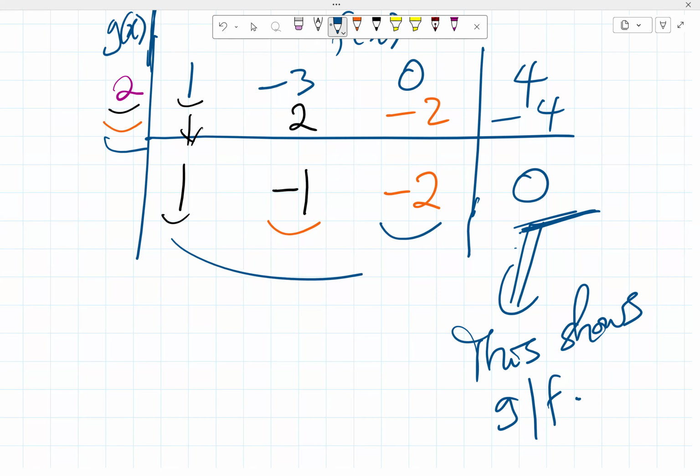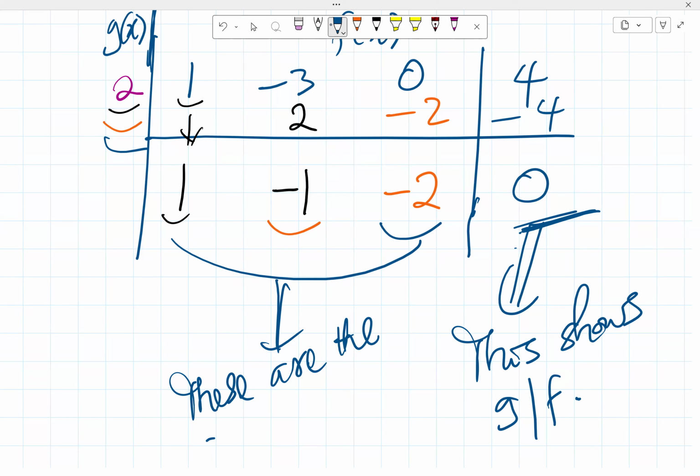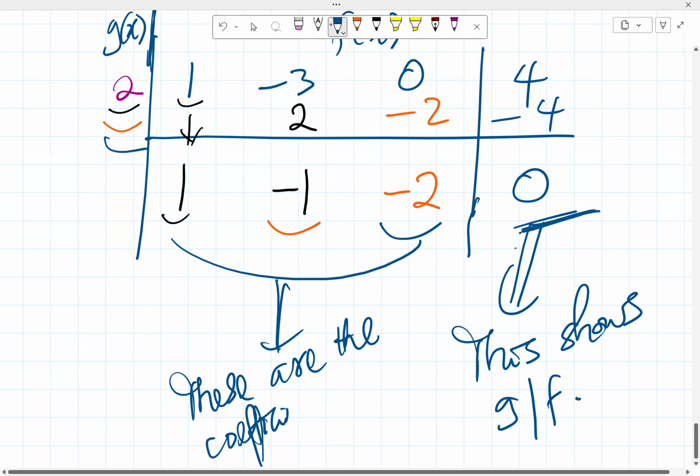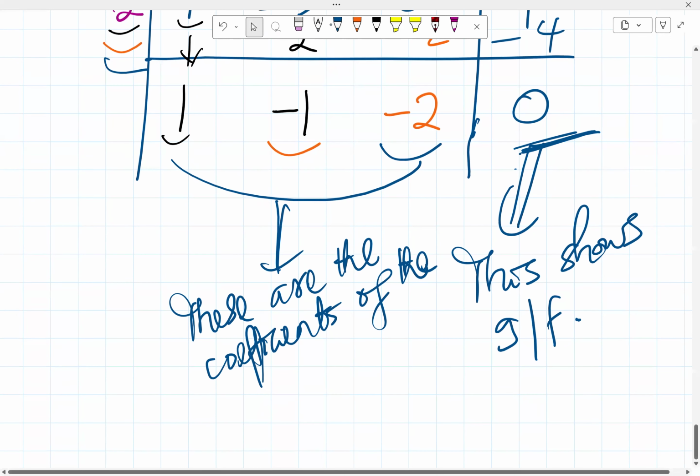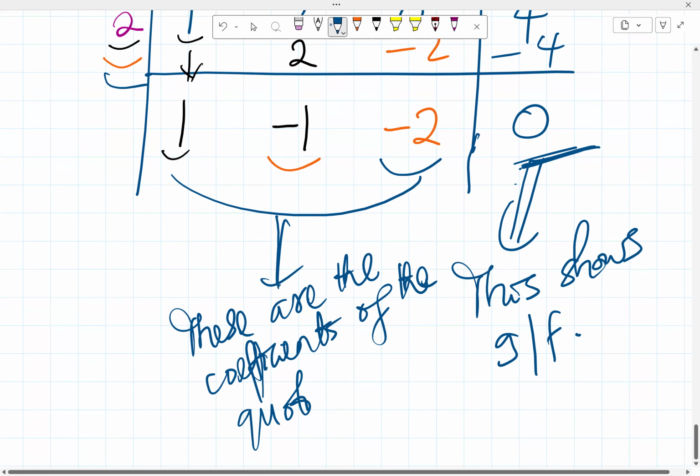And then these are the coefficients. These are the coefficients of the quotient, right? These are the coefficients of the quotient.